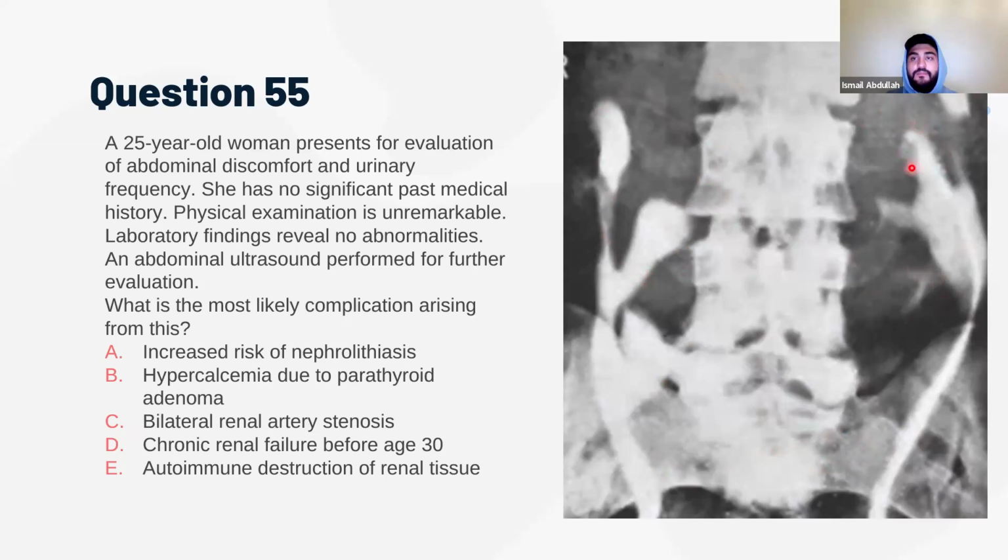We can tell from the calyces, pelvis, and ureter, but their positioning is very low, exactly as you mentioned. They're very close to the pelvic brim, and somewhere close to the sacroiliac joint down there. So what do you think? And it's not just one kidney, it's both.